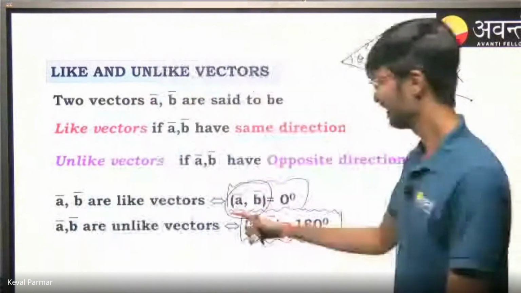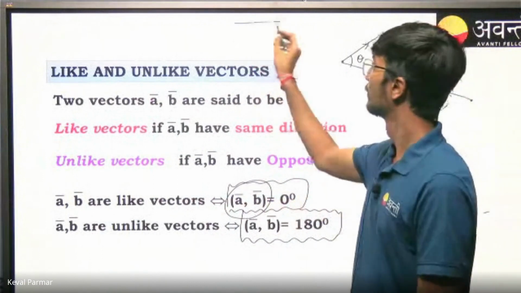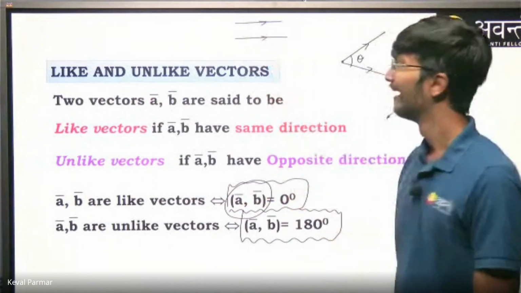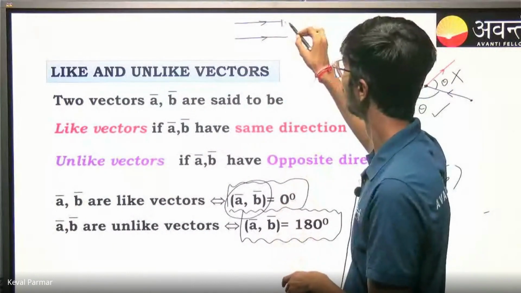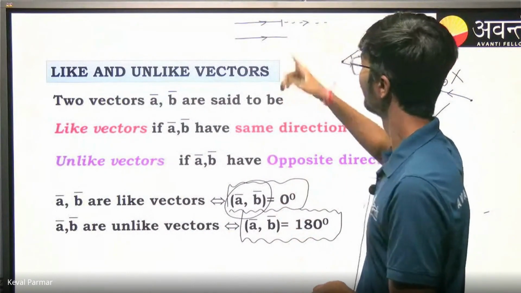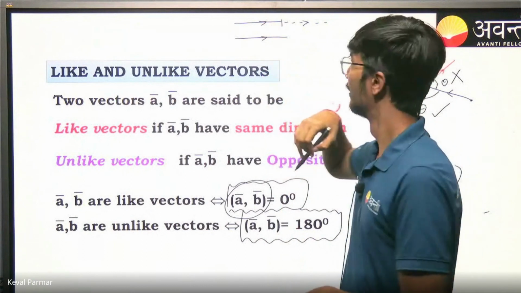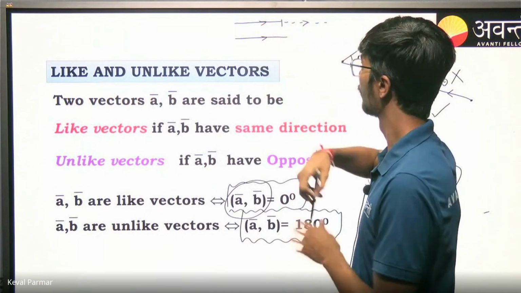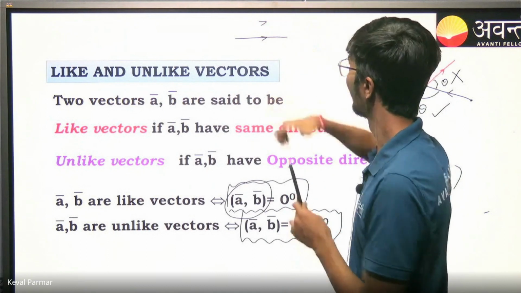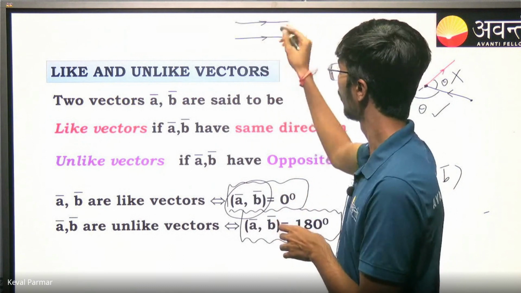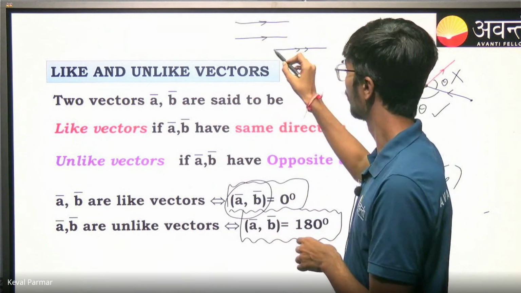Now you can see for parallel vectors, the angle will be 0. Why? See this. By free vector theory, I can get this vector here, and you can see the angle is 0. Got it? Co-initial, co-terminal should be there, right? So basically these are not co-initial or co-terminal. We can take this vector on top of each other, so I'll get two vectors like this, and you can see these are co-initial vectors.